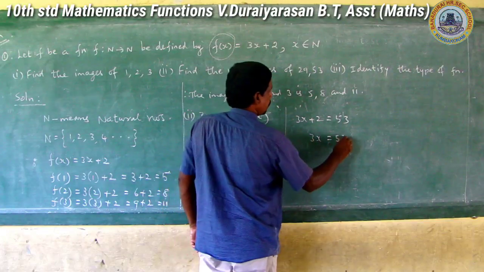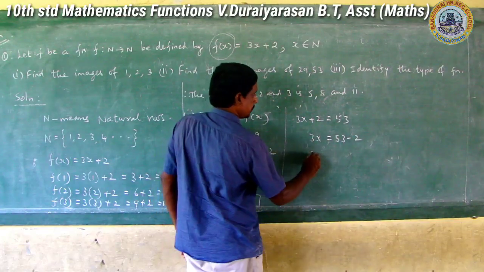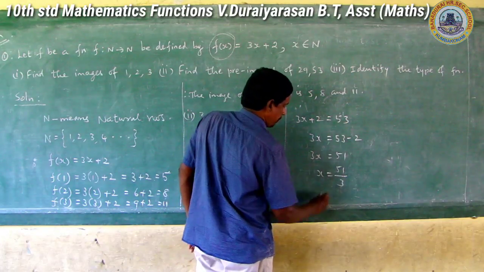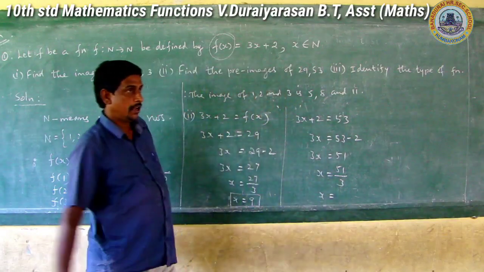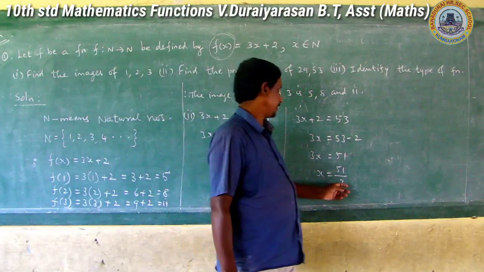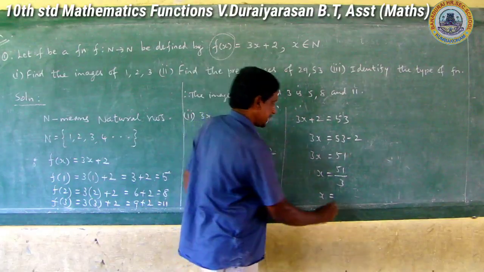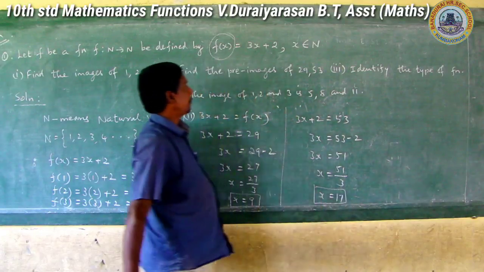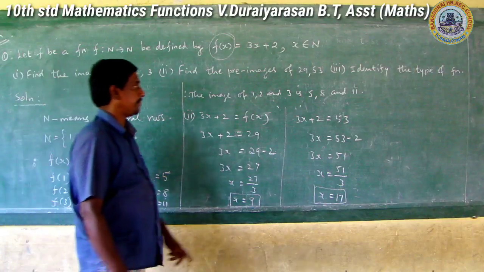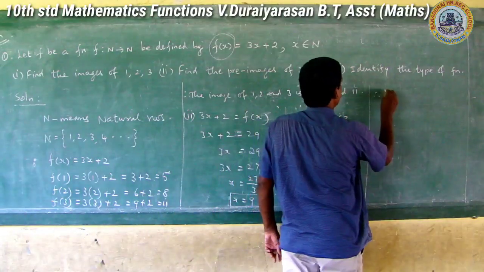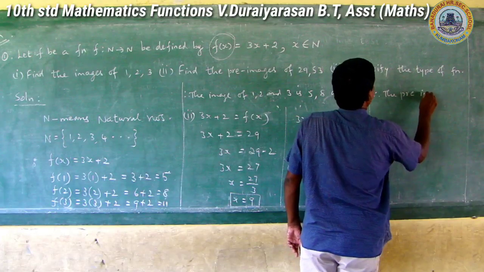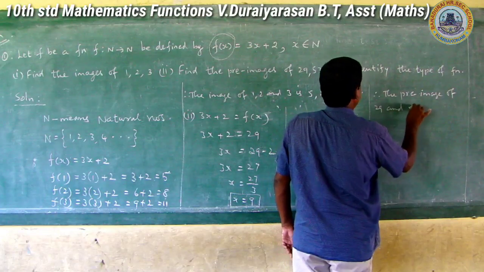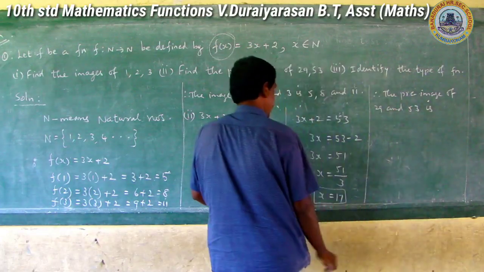Transpose 2: 53 minus 2, so 3x is equal to 51. x is equal to 51 by 3. 17 times 3 is 51. Therefore, the pre-images of 29 and 53 are 9 and 17.